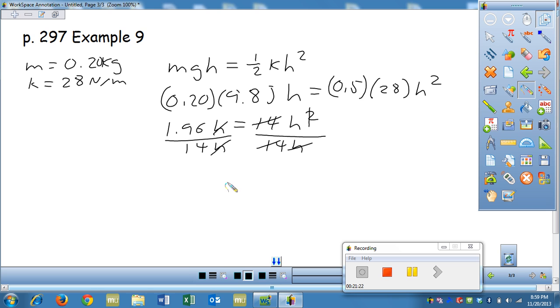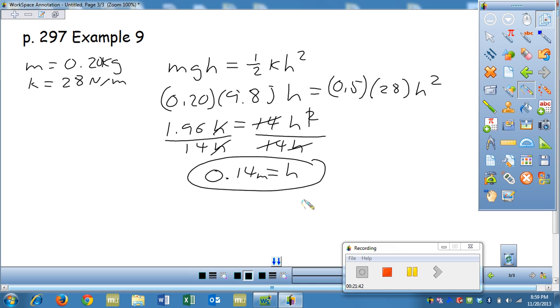So 1.96 divided by 14 is 0.14. So we have 0.14 equals h, and that's meters. That's a solution. So it's not really too hard.